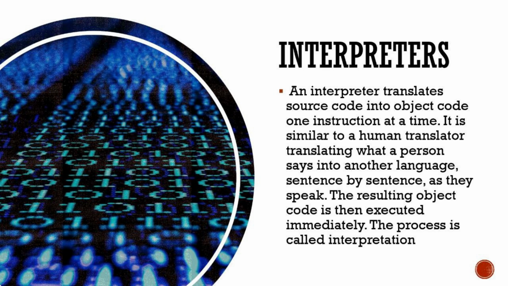Interpreters. An interpreter translates source code into object code one instruction at a time. It is similar to a human translator translating what a person says into another language, sentence by sentence as they speak. The resulting object code is then executed immediately. The process is called interpretation.